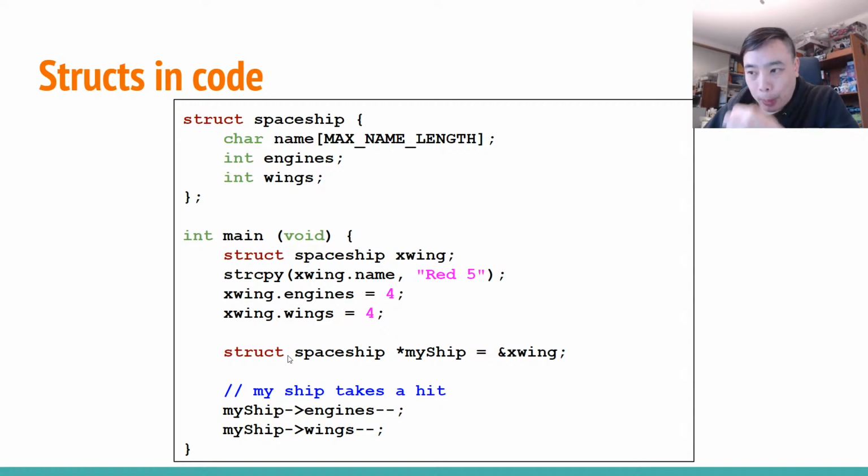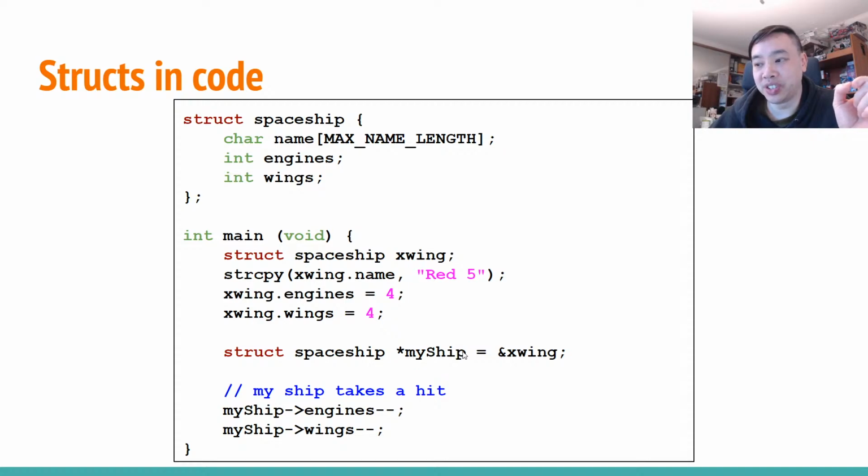Then, if I want to, I could make a pointer to a spaceship struct. So remember, the type of this variable called myShip is everything before it. So struct spaceship is a variable type because we've declared it as a variable type up here. And then the star means it's a pointer to that kind of variable type.